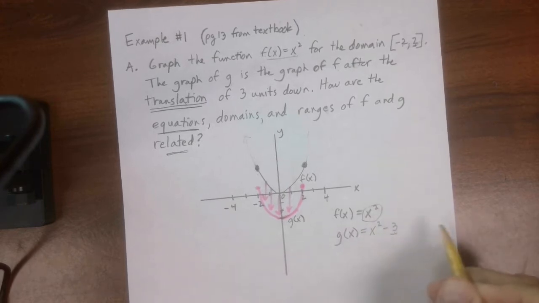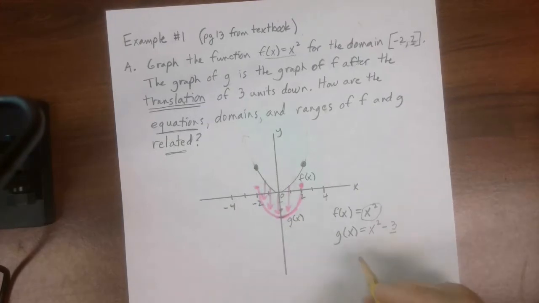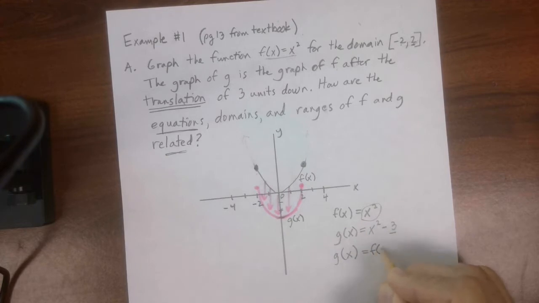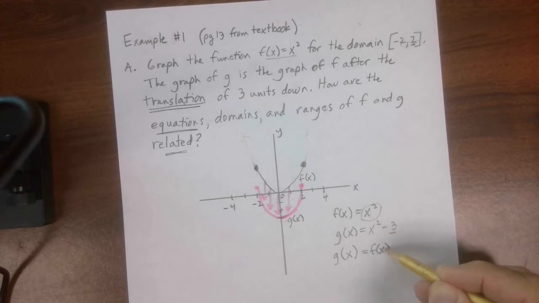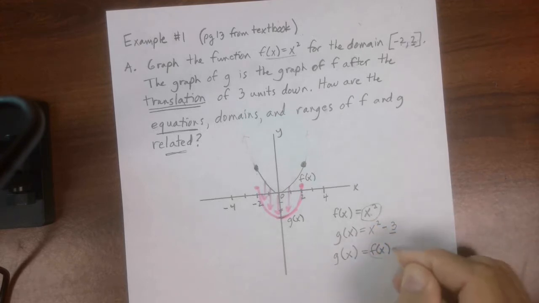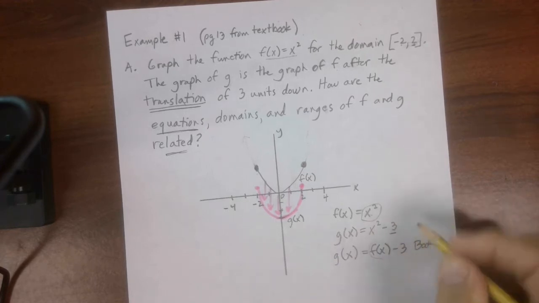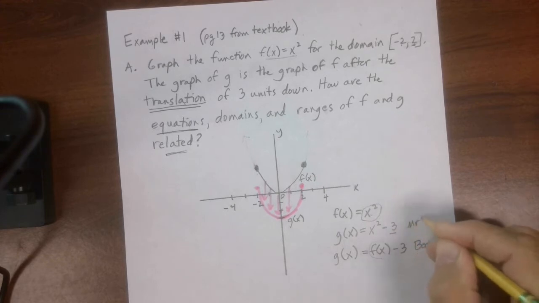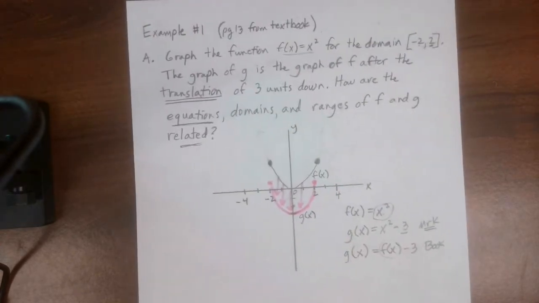Remember, if it's on the end, it's just going to drop it down 3. Now, the book gets a little fancy and says g of x equals f of x, which don't forget, f of x equals x squared. So they're just saying you take f of x, the original, which is x squared, and then you subtract 3. So this is the book's way of doing it, and this is the way that Mr. K is more comfortable thinking of it, okay? All right, so that's just the equation.